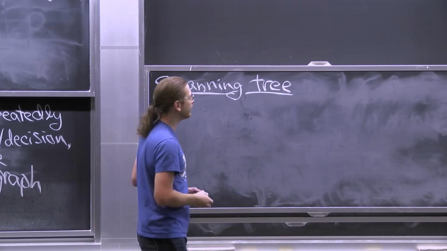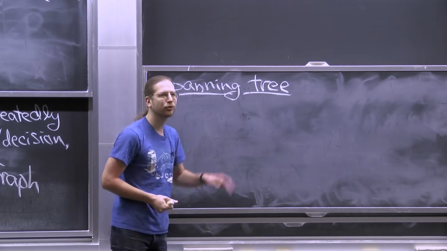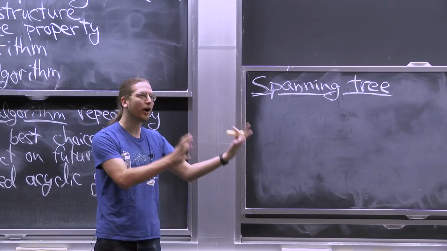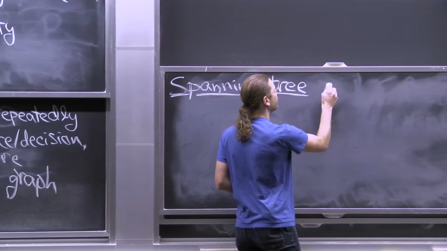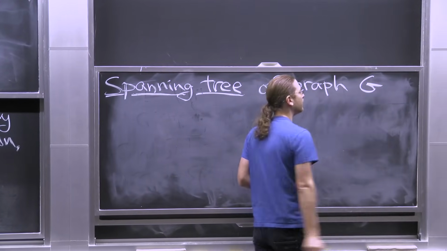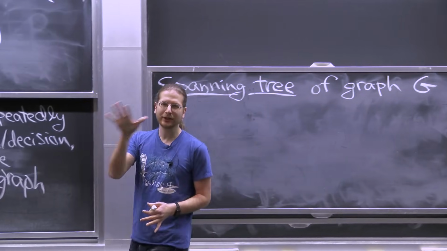So implicit here, I guess, is subtree or subgraph. You're given a graph. You want a spanning tree of that graph. It is going to be a tree that lives inside the graph.